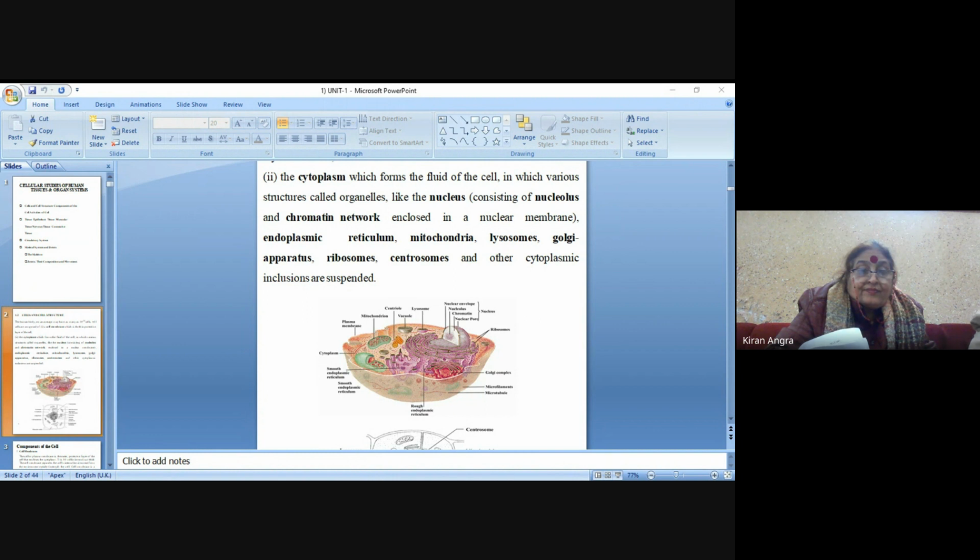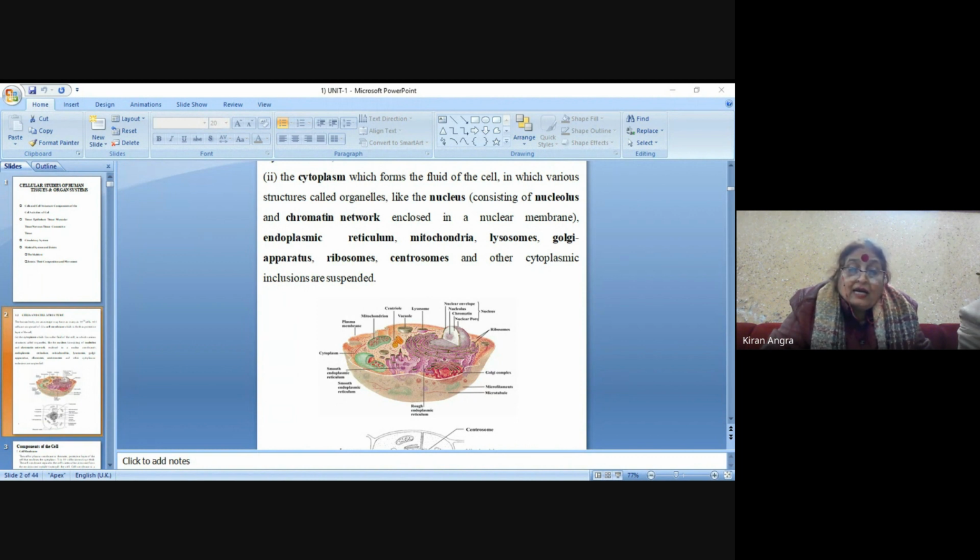If you see the diagram, you can see the fluid in it. The outer is the cell membrane, and the fluid is cytoplasm, and inside the cytoplasm there are different organelles like nucleus, chromatin network, endoplasmic reticulum, mitochondria, lysosomes, Golgi bodies, centrosomes, ribosomes.